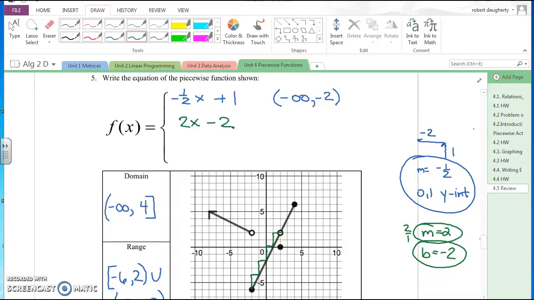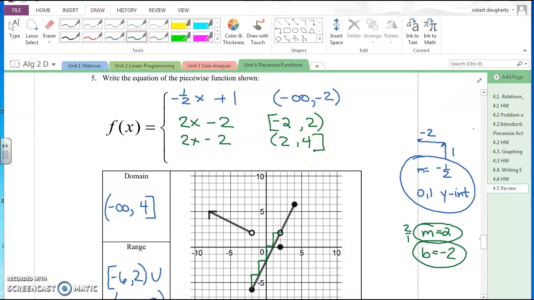It looks like that's going to work from negative 2 all the way to positive 2, because I've got an open circle there. But it looks like I've got the same line going on from 2 to 4. So I can write 2x minus 2, and that works from 2 to 4 with a bracket, okay?